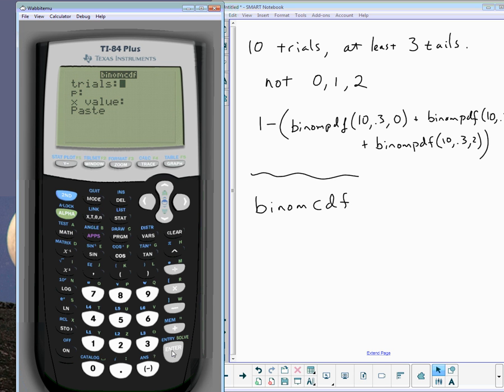Cumulative distribution function, that's what it is. Sorry. We're going to do 10 trials. The odds are 0.3. Okay? And we wanted the first 3 trials, right? So x equals 0, x equals 1, x equals 2.